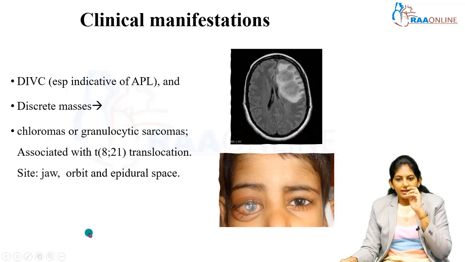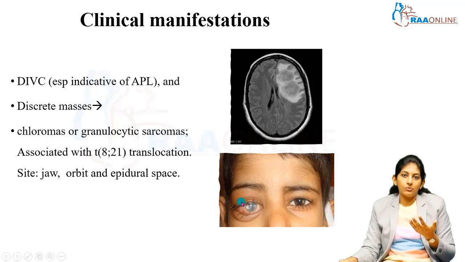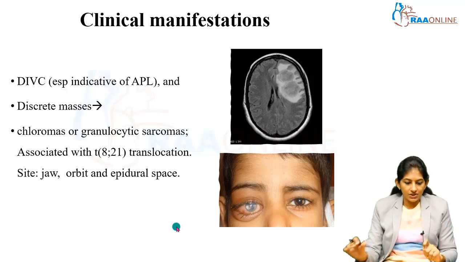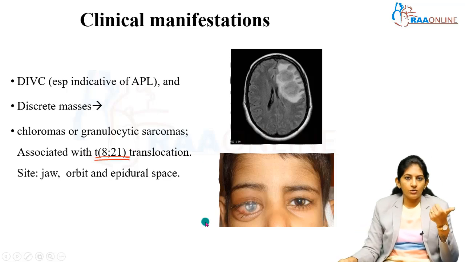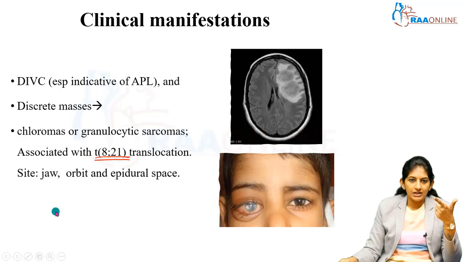These granulocytes can accumulate in the retroorbital region, presenting as proptosis or exophthalmos, presenting as a nodular brain tumor. It can be seen in the jaws, and in the epidural space. So chloromas are again very typical of AML, especially in the AML1-ETO translocation. So one is chloromas, another one is gingival infiltration.